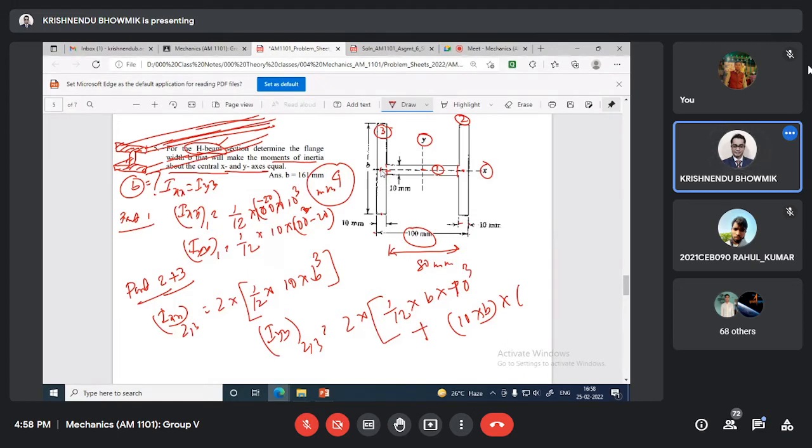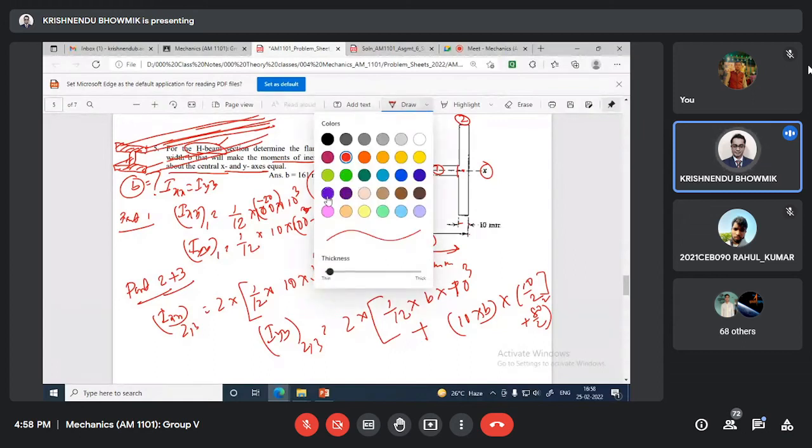Just a minute. No, this is 5 and this is 8. This is 40. Okay. So what will I write? 10 by 2 plus 80 by 2. Actually 45, okay, 5 and 40, this square. So this distance, let me change the color, you will understand.